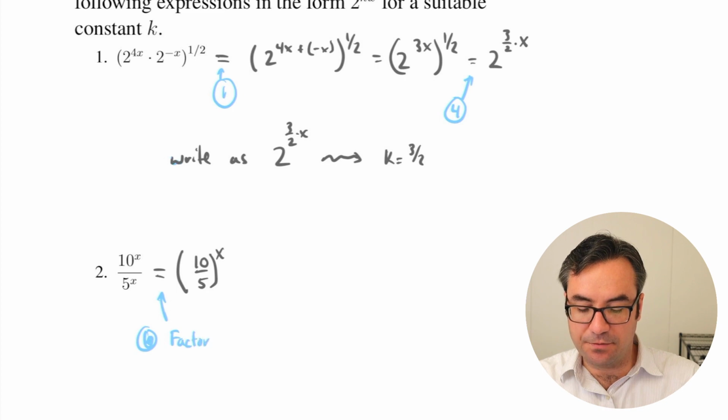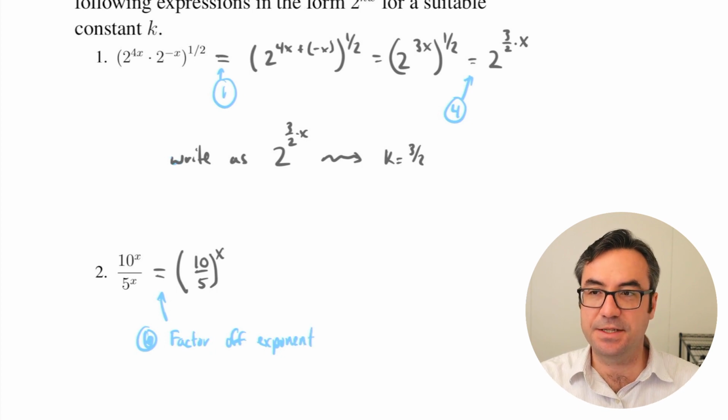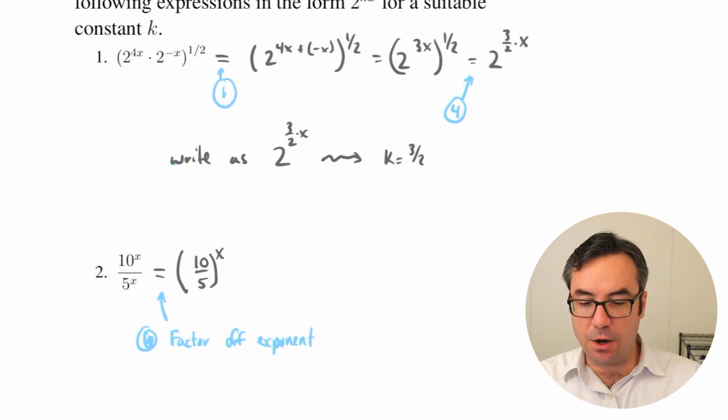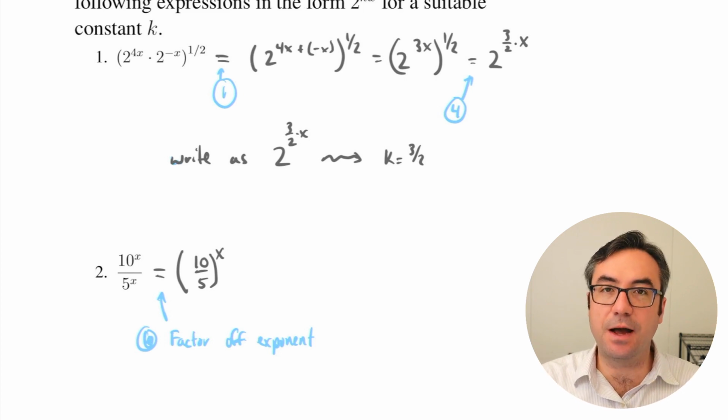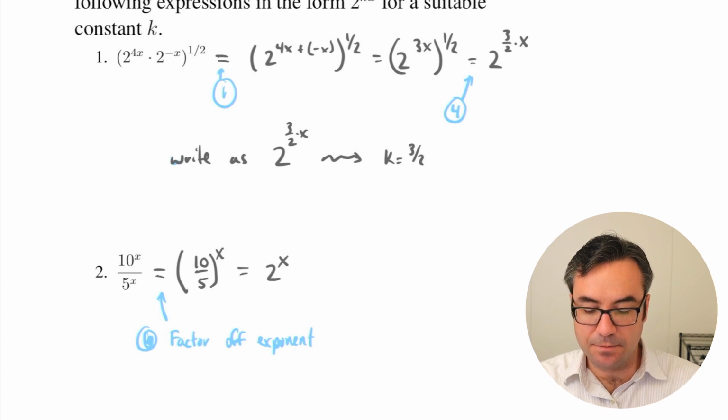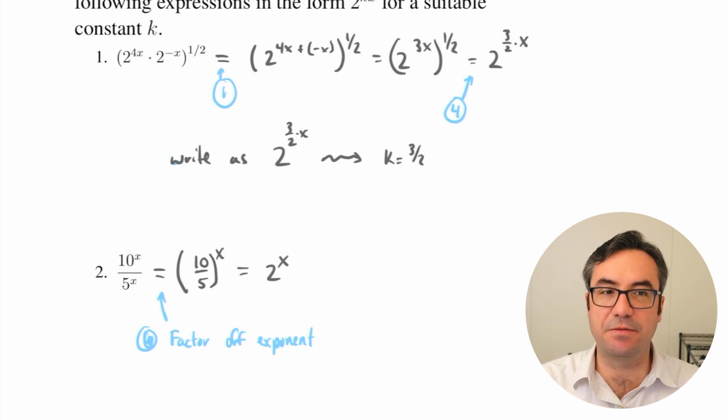We can factor off the exponent, and the only way we can do that is if the exponent is the same. And in this case, it is. All right, so then we keep going. Now let's simplify what's inside the parentheses. And there we go. 10 divided by 5 is 2.